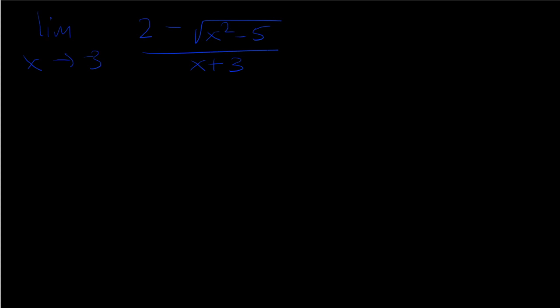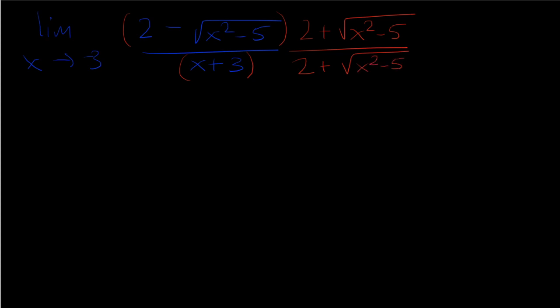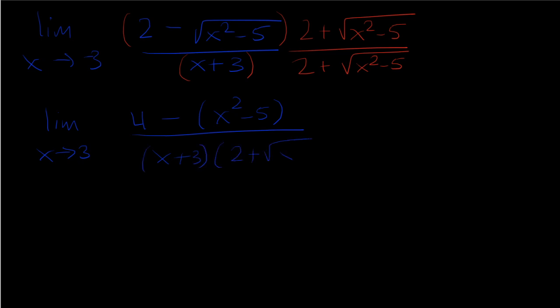So I'm just going to multiply the top and the bottom by the conjugate of the top, so that will be 2 plus the square root of x squared minus 5, and the same thing with the bottom. I have a difference of 2 squares at the top, so that will just be 4 minus the quantity x squared minus 5 over x plus 3 times the quantity 2 plus the square root of x squared minus 5.